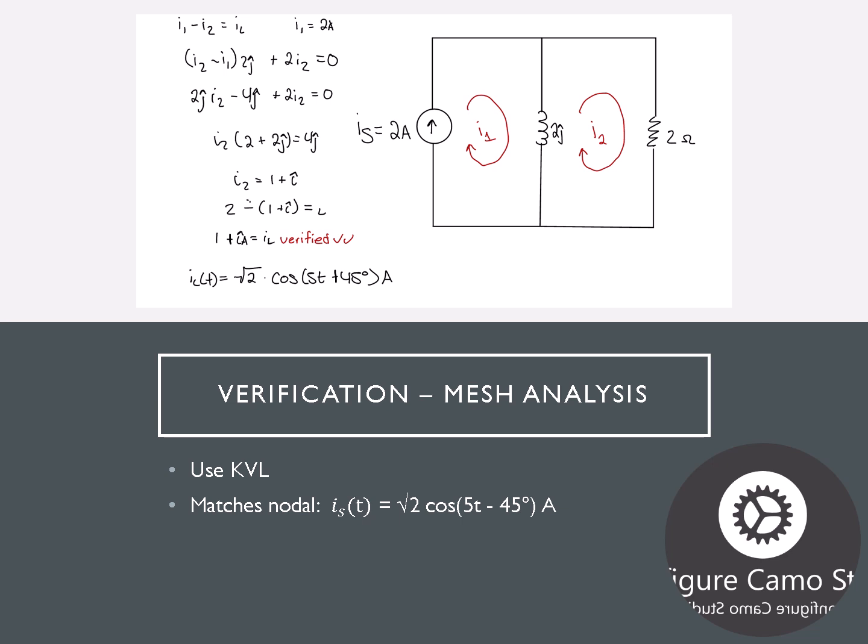If we simplify that, we get that I2 is equal to 1 plus j. So I1 minus I2 is 2 minus (1 plus j), which is equal to IL. We verified that it's exactly equal to our nodal analysis, which is the square root of 2 cosine 5t plus 45 degrees.